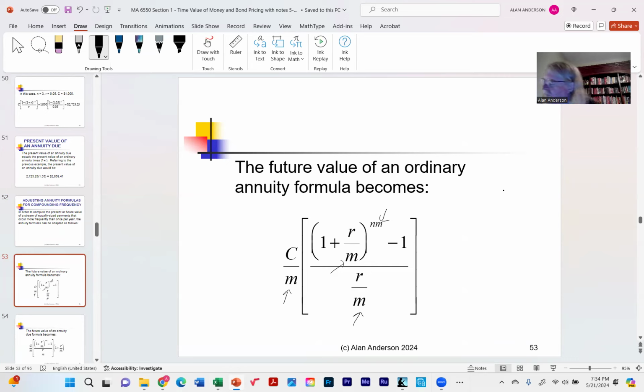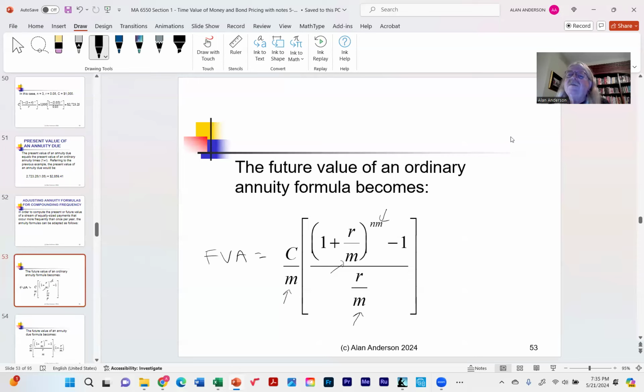So for the future value, this is what needs to be done to use it for annuities that take place more frequently than once a year. And again, we're assuming this is an ordinary annuity, which is what you'd expect with a car loan, for example. When you do get a car loan, even if there's a down payment, the first actual payment isn't due when you go to the dealer to pick up your car. Instead, it would typically be due a month later.